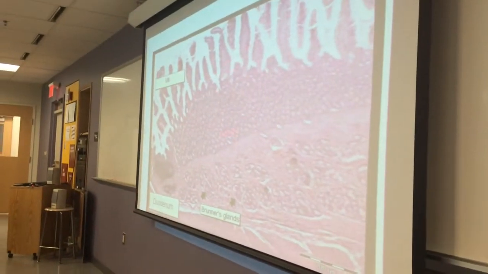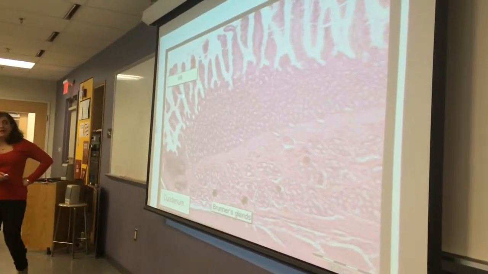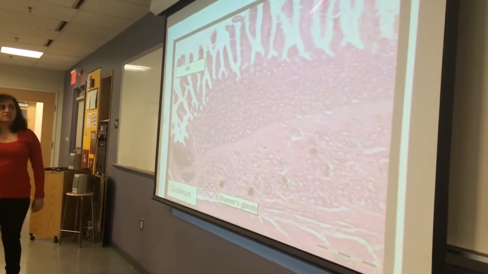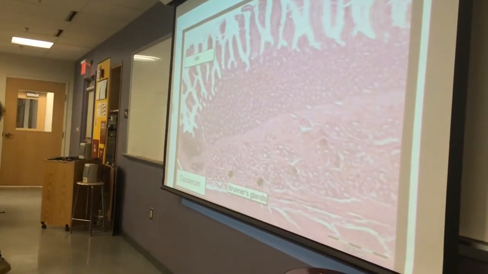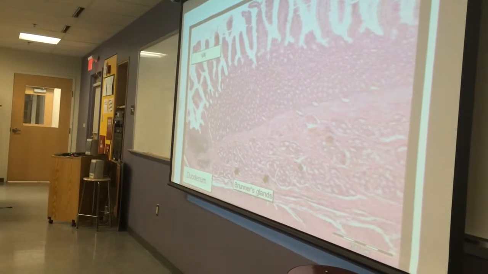This is the duodenum. Duodenum is the first part of the small intestine. You guys know that this is the small intestine because you can see the finger-like structures here that we call villi. Each of them is called villus. Why do you have the finger-like structures in the small intestine?